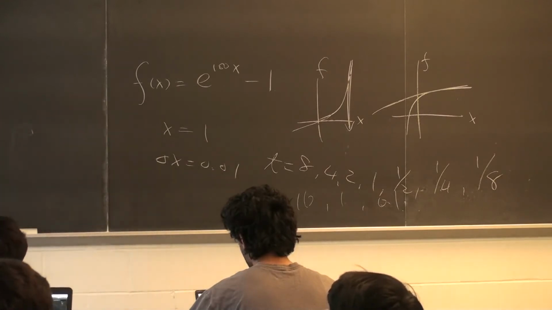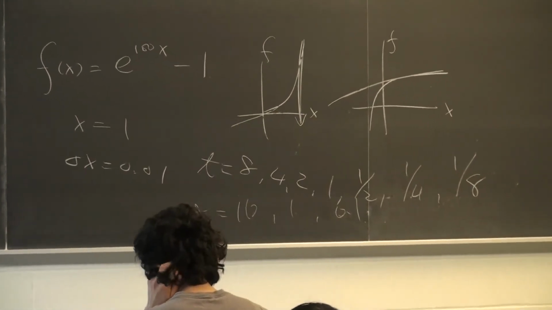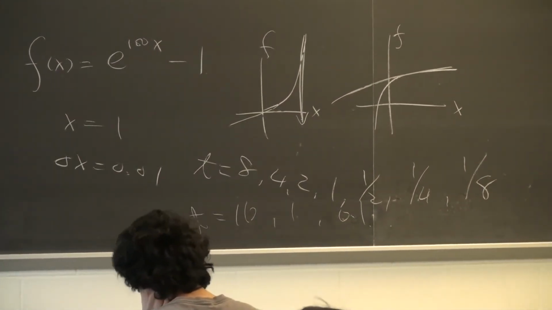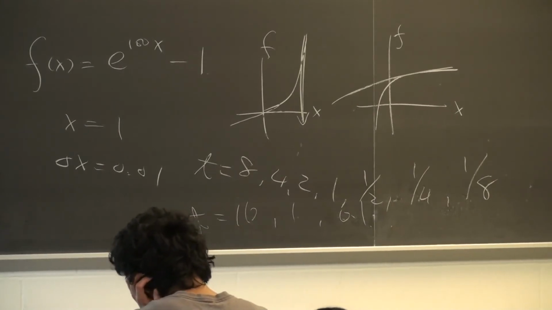That's delta x, but x is not 0 for some reason. You're taking the correction in the wrong way.